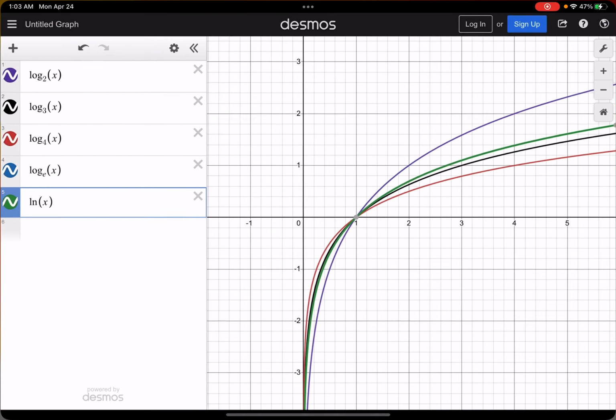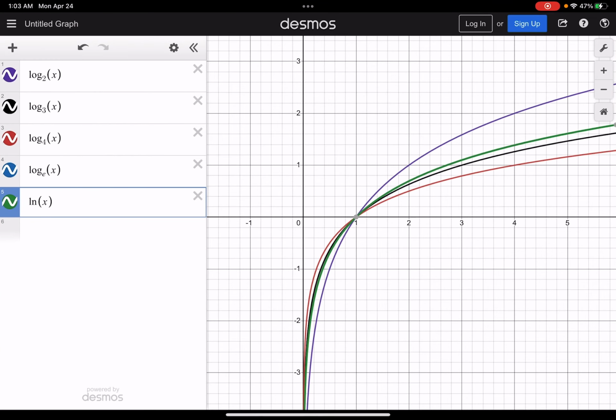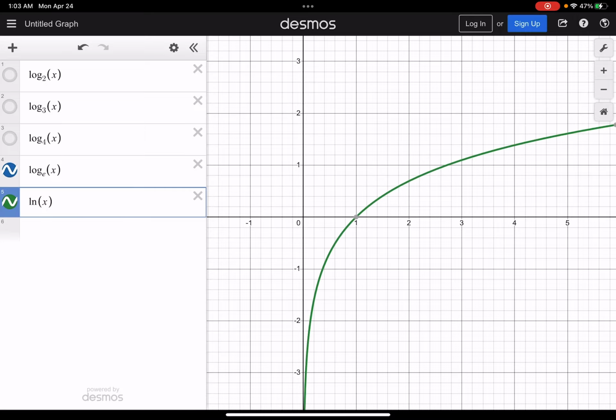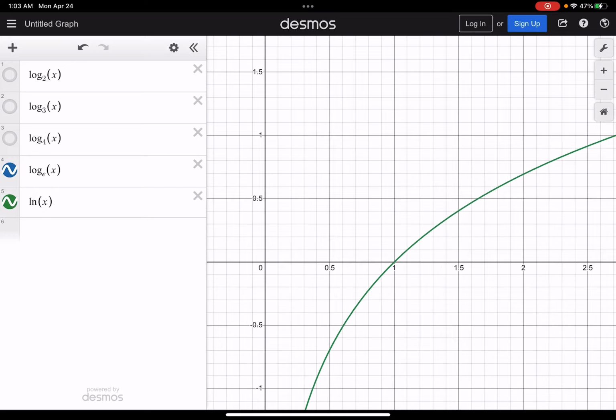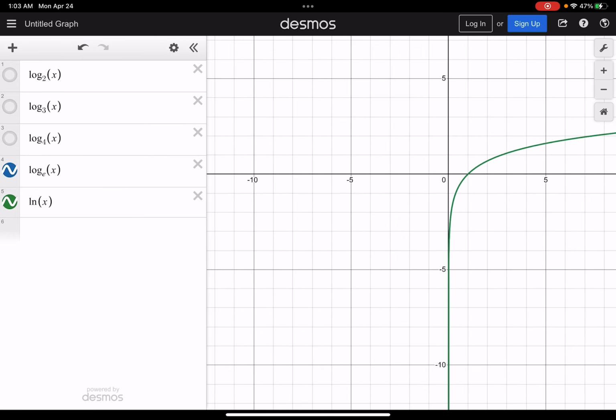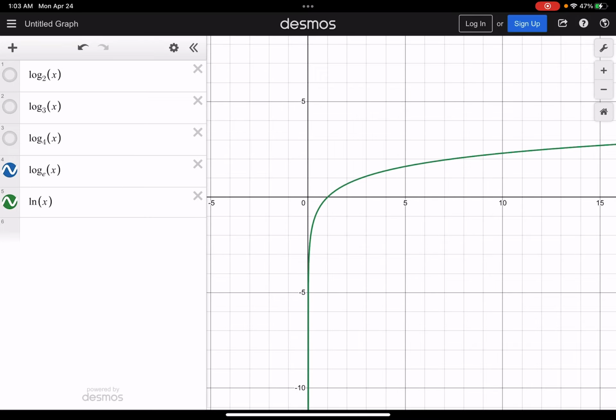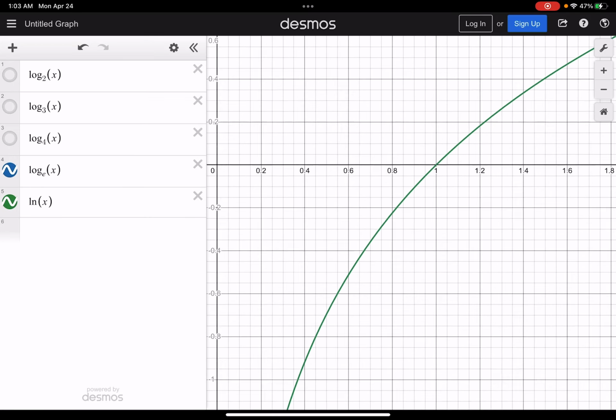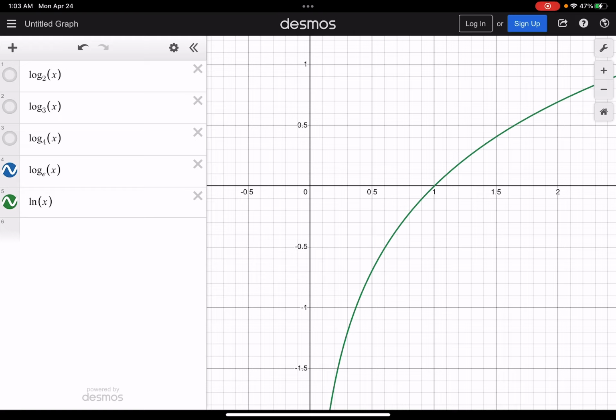Now I just realized I forgot to say one thing. If you notice, let me turn all these other logarithms off. I have 2 examples here, but they both are completely overlapping each other. And the reason for that is because these two logarithms are exactly the same, you can see how it goes from blue to green.